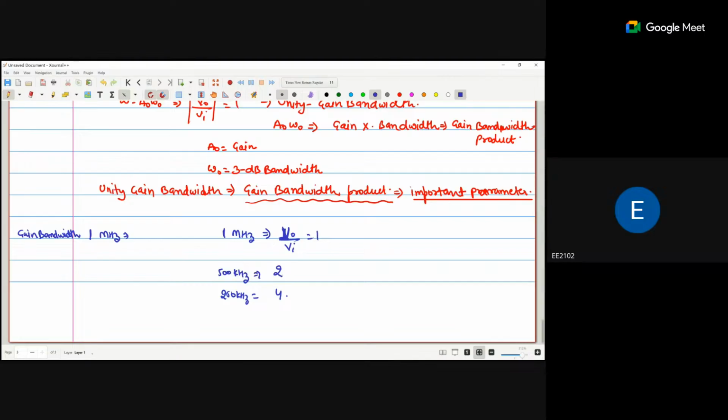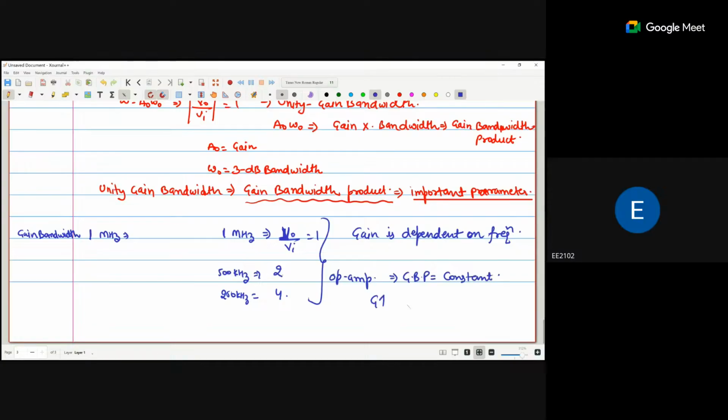Okay, so now you can see the gain is dependent on frequency. For every op amp, the gain bandwidth product GBP is constant.